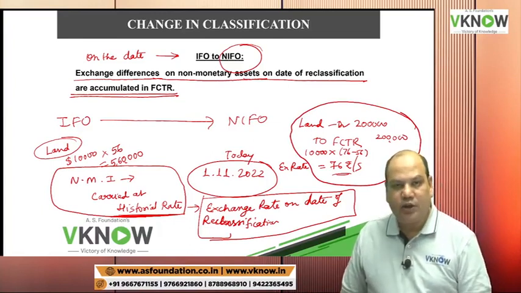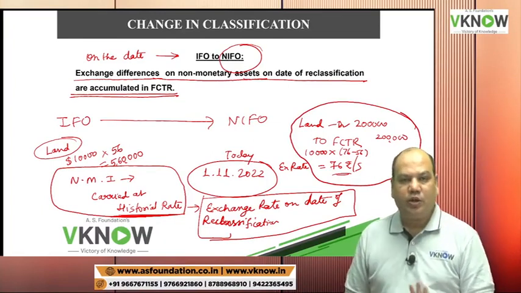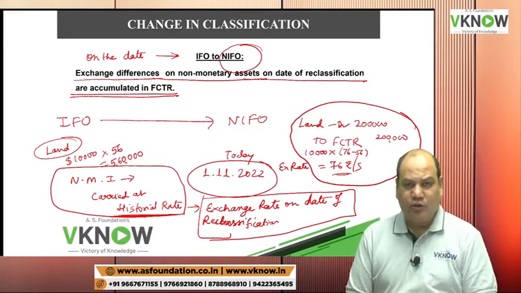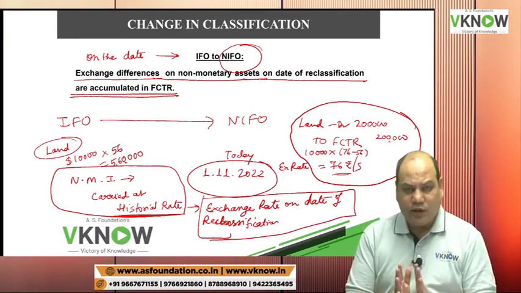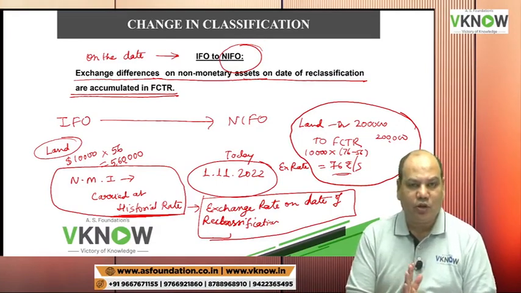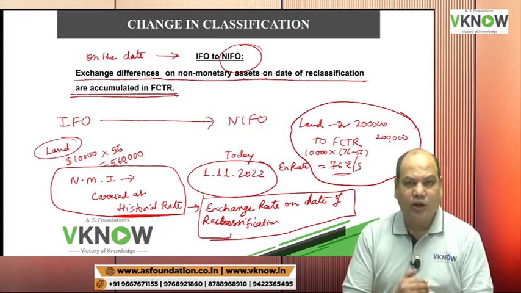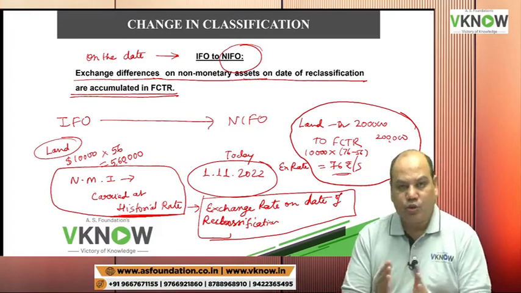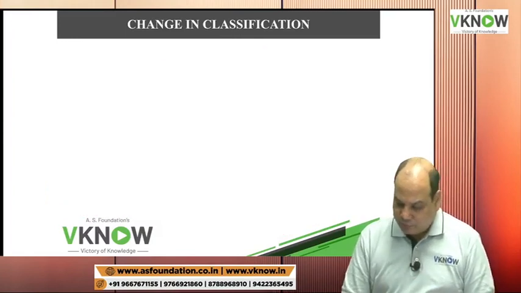What about other items? Other items are already at closing rate, so they won't be affected much. But this item, the non-monetary item measured at historical rate, their balance will have to be revised and transferred to FCTR.